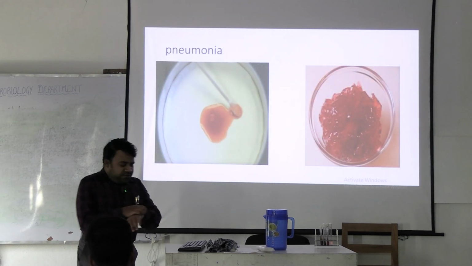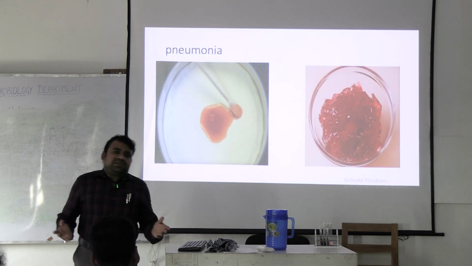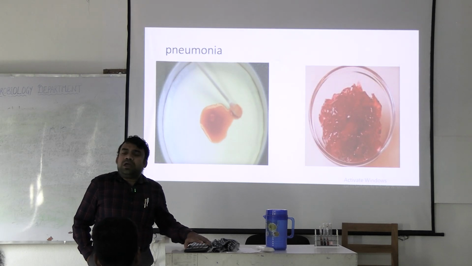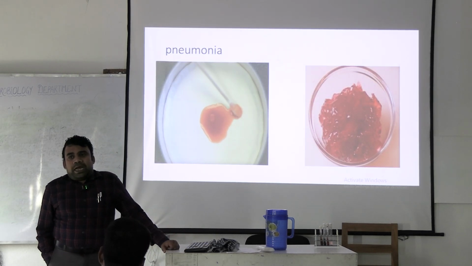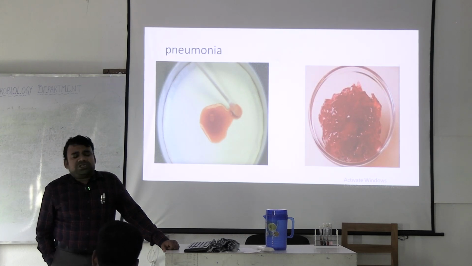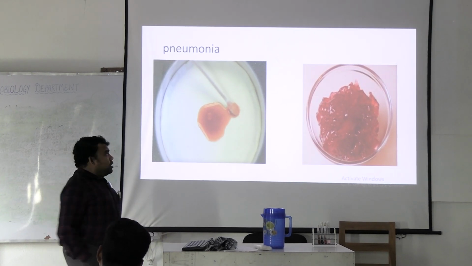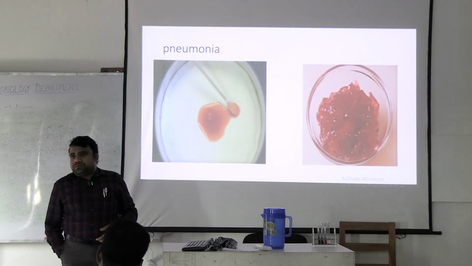Now, another important feature is the kind of diseases this causes. As the name suggests, Klebsiella pneumoniae is a very well-known organism causing community-acquired pneumonia. And sometimes the patients will cough out the expectorant and it looks like this picture, reddish colored sputum.